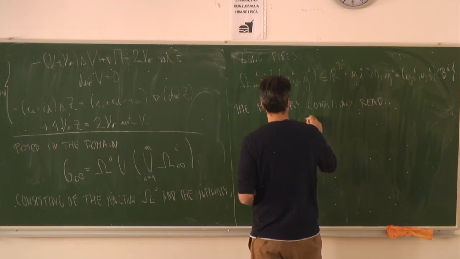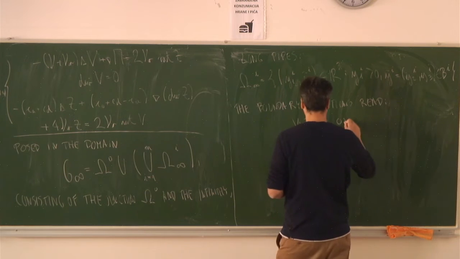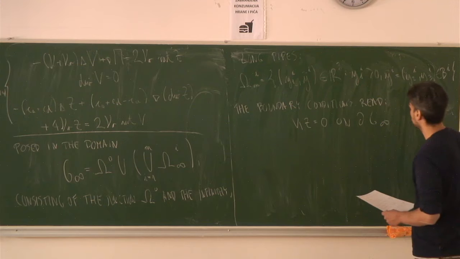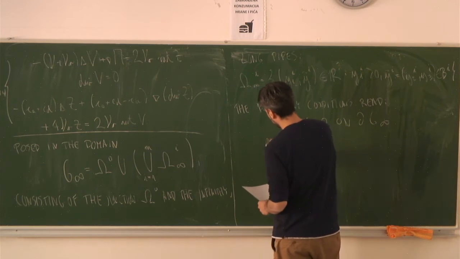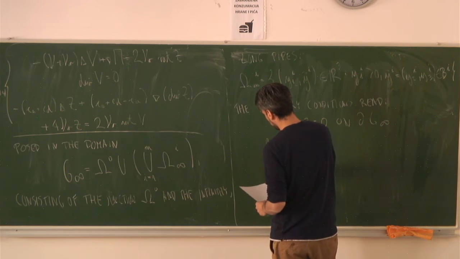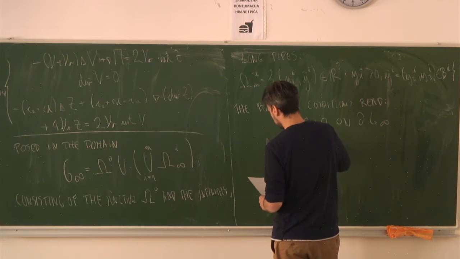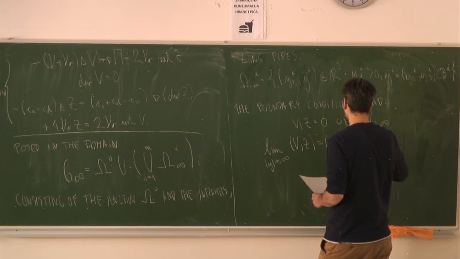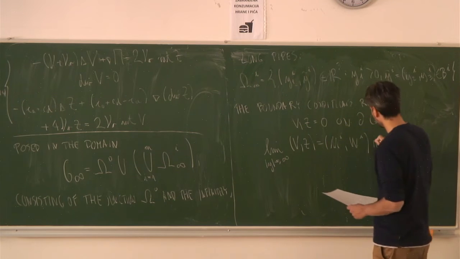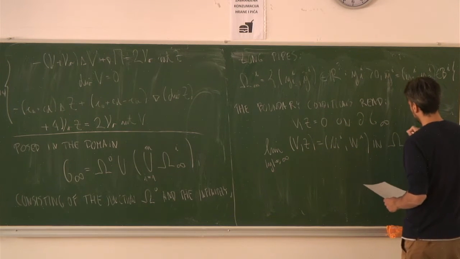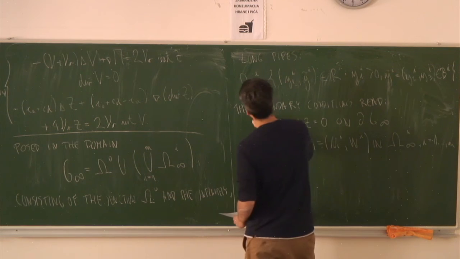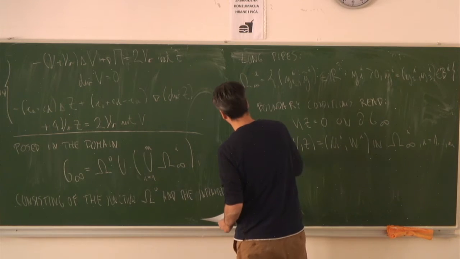V and Z are 0 on the boundary of G infinity. So this is the whole boundary. And you have the asymptotic condition that V, Z go to U i, V i in each of these infinitely long pipes. So this is 15.